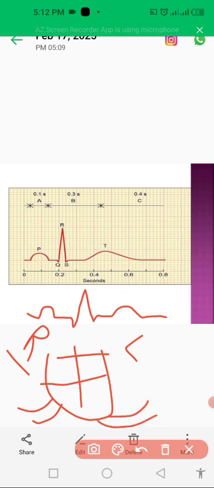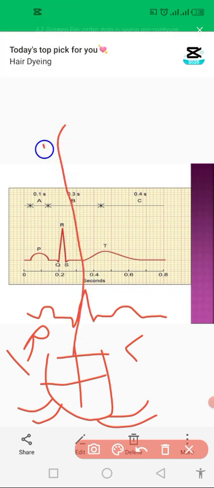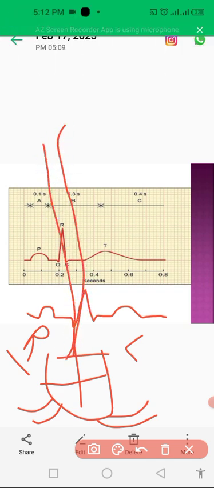So in normal physiology, blood from all the body goes into the right atrium, and then from the right atrium it goes into the right ventricle, and from the right ventricle blood is pumped via pulmonary arteries that carry deoxygenated blood to the lungs.